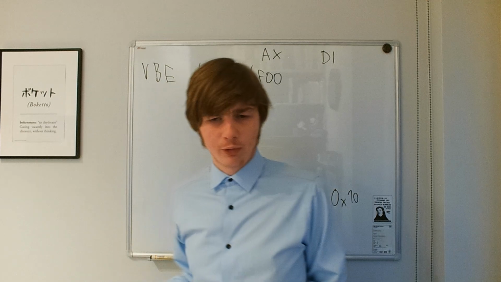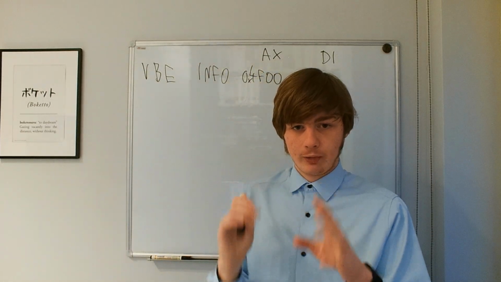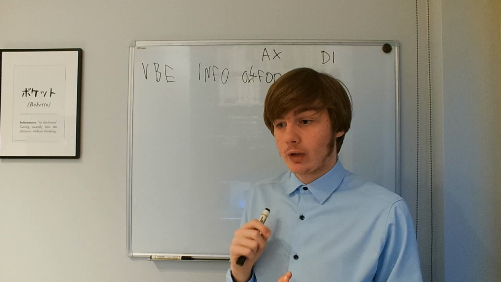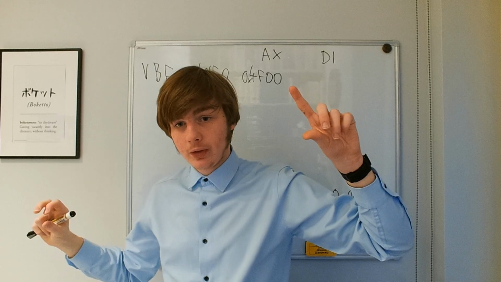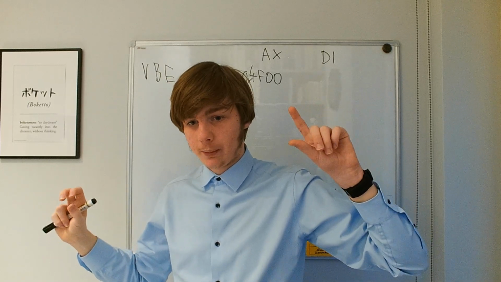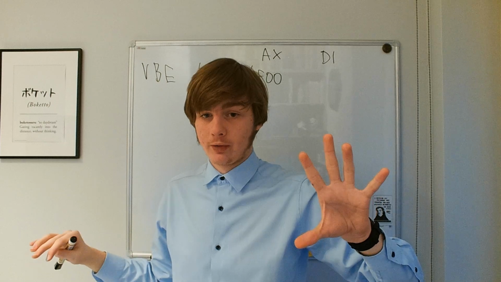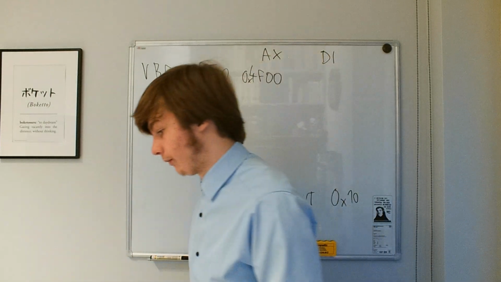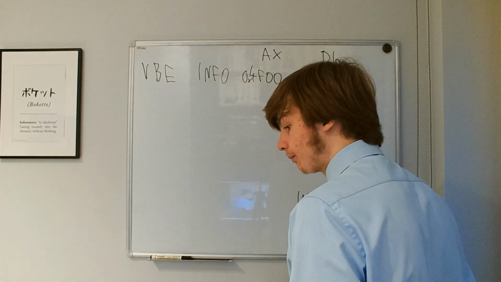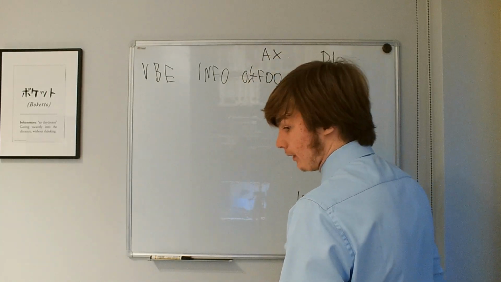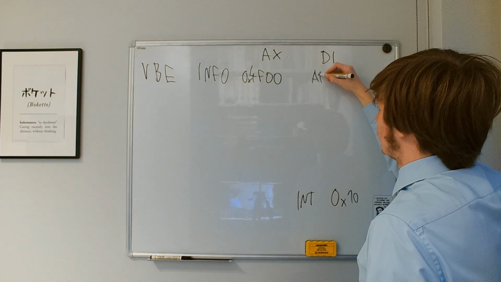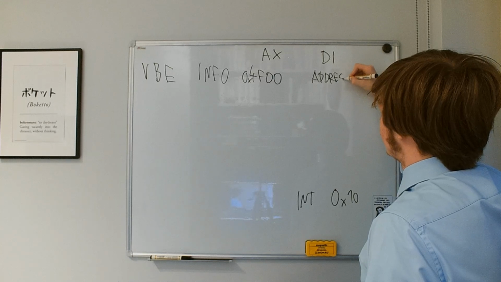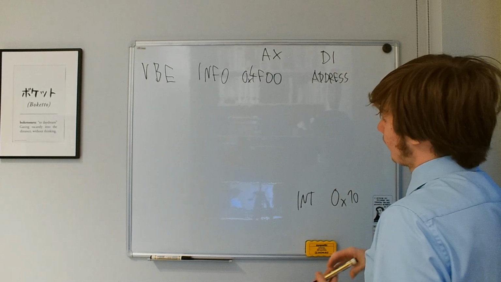You can easily check the format in the official VBE documentation. In fact, they have pretty much ready assembly for you to just copy over that has the format of the entire thing. And DI is obviously going to be the address at which you want to store the VBE info.